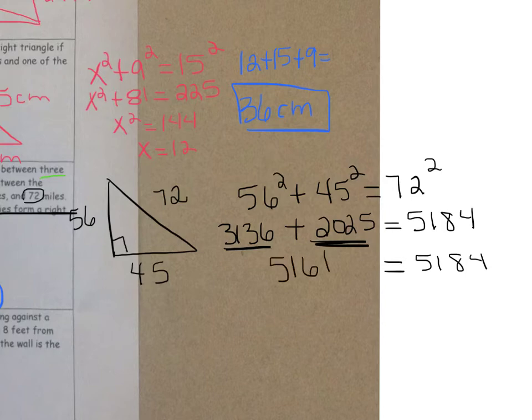I got 5,161. It does not equal 5,184, so this is not a right triangle.